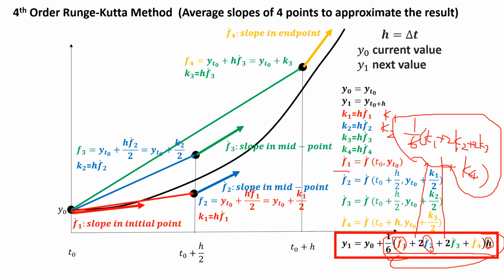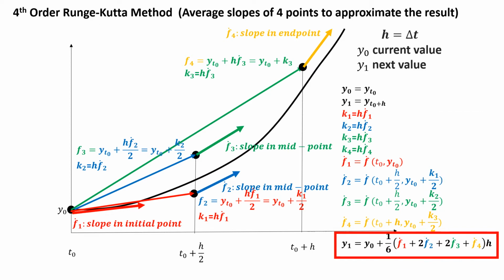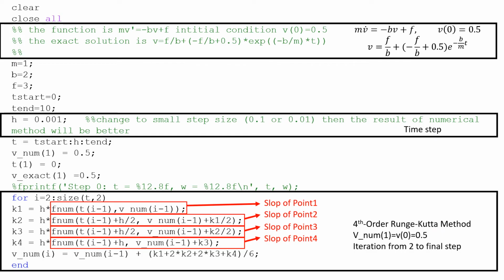Okay, this whole one will become this one, because we will write in the code something like this. Be careful with this part. So this will be the actual code. I give you a demonstration, but you need to modify it by yourself, because our governing equation is not like this one.